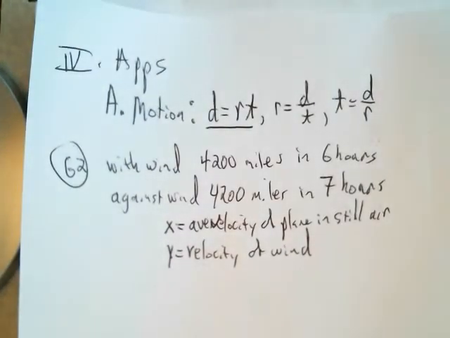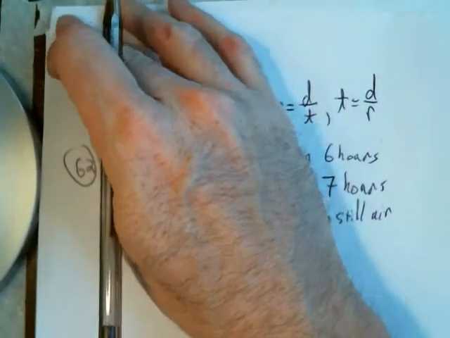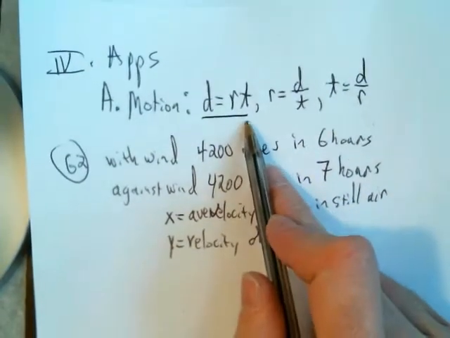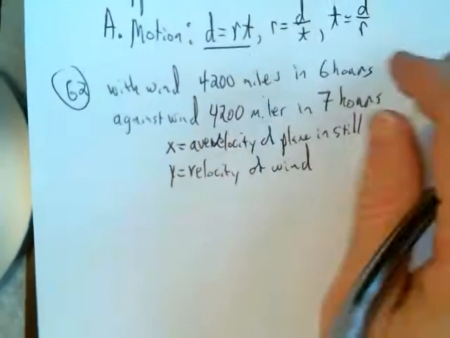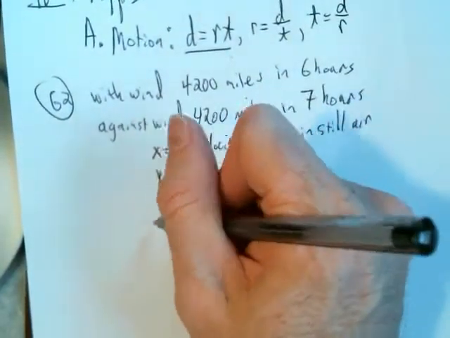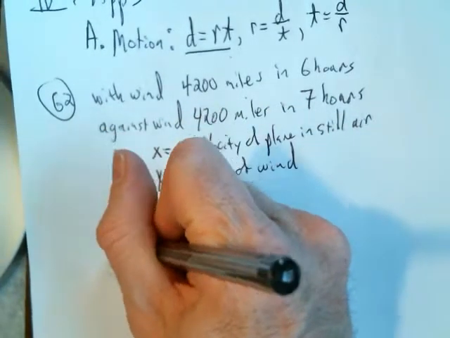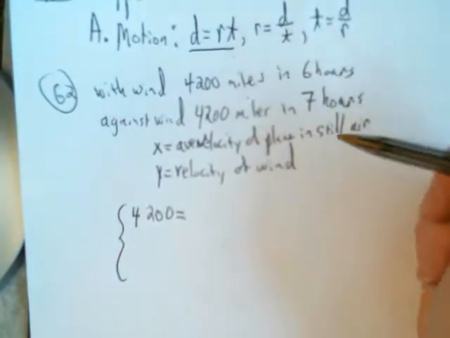Okay, so you can make a table to help yourself out. What we're trying to do, though, is to produce a system of equations, right, based off this formula. So each equation will be based off this. The distance is 4,200. So we're building a system of equations. And that equals rate times time.